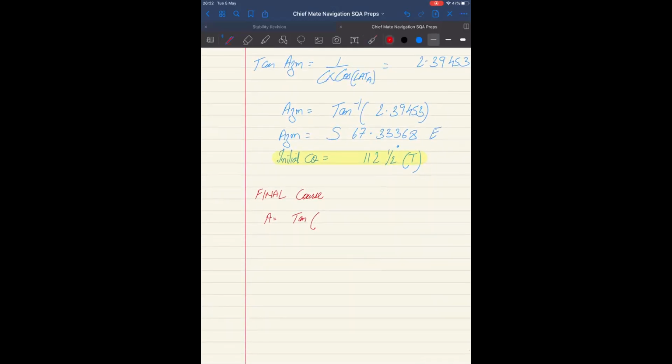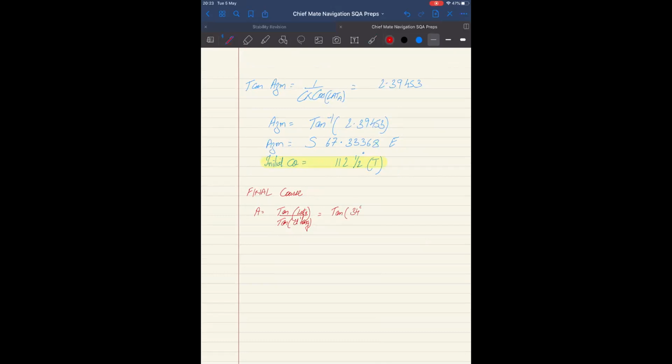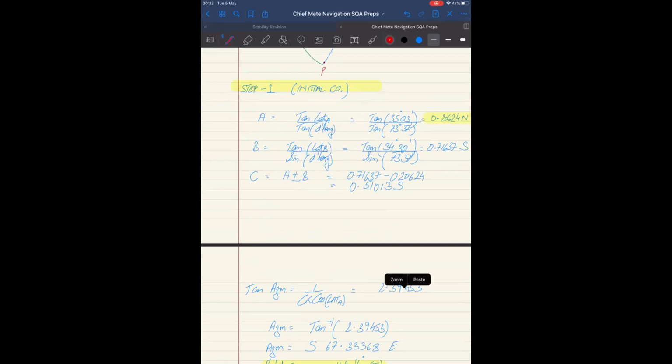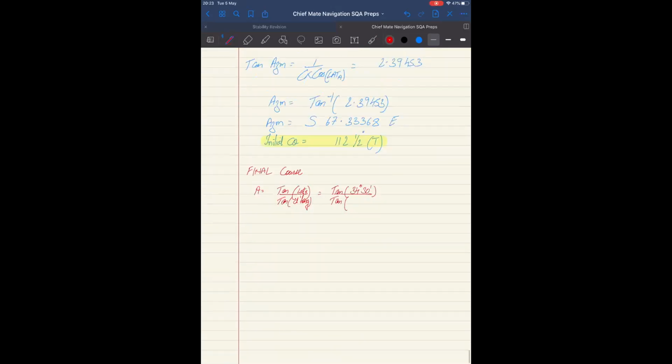So it is tan of my initial latitude, which is lat B, over tan of D long. This will give me tan of 34 degrees, 30 minutes, divided by tan of my D long, which is 73 degrees, 37 minutes.